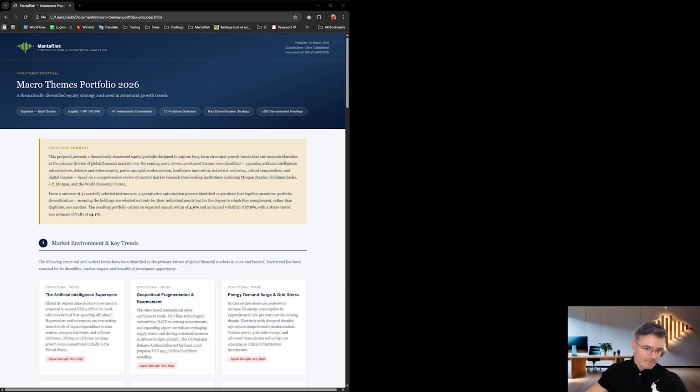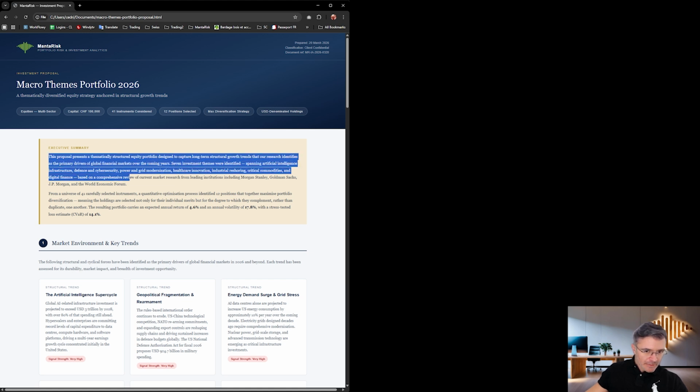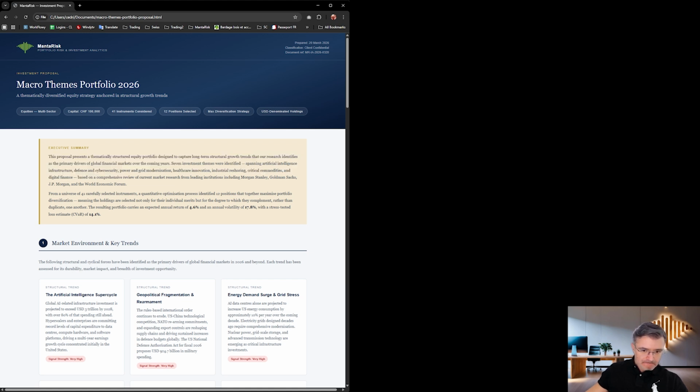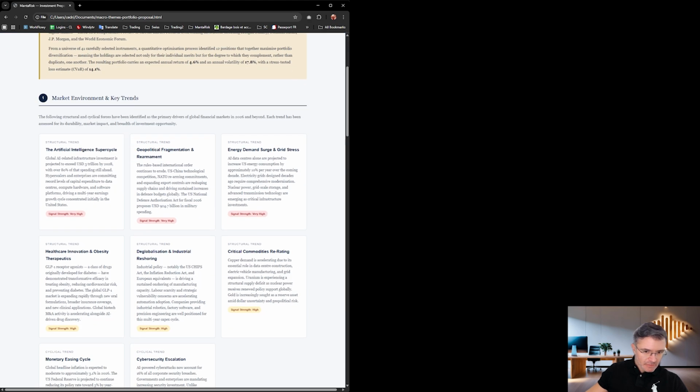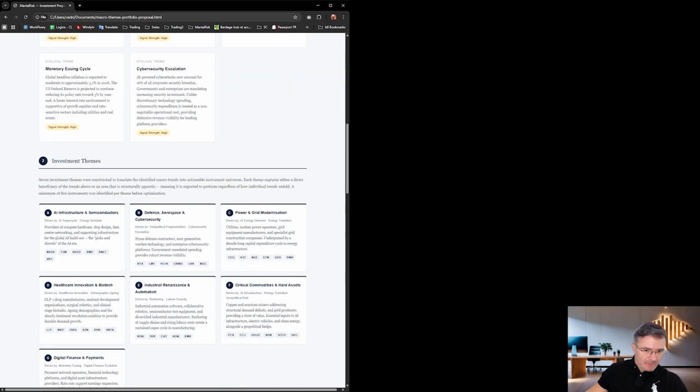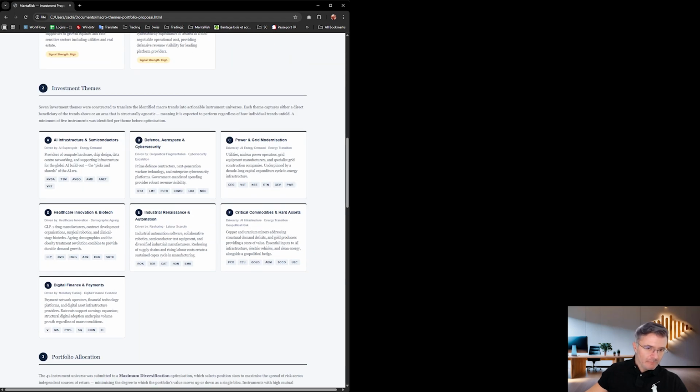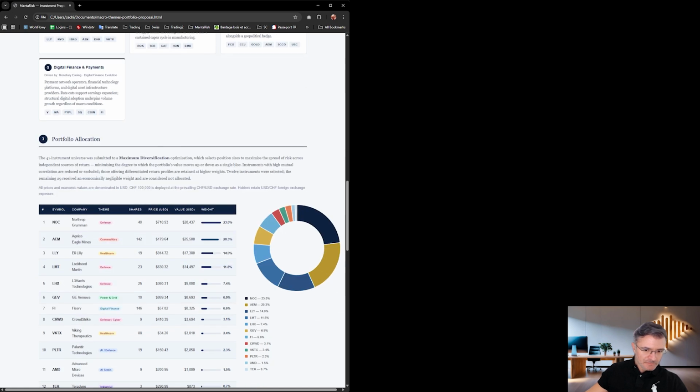All right, so this is the investment proposal that has been created. It's HTML, of course, it can be created in PDF. That's really not the problem. Got an executive summary, explaining the potential return, expected return, CVAR, the market trends, the investment themes, and the kind of instruments that have been selected to support this.